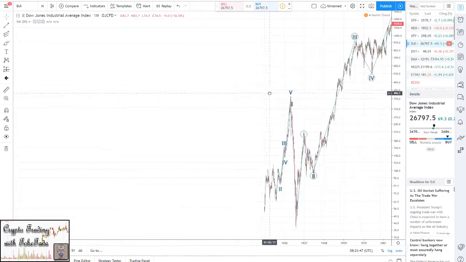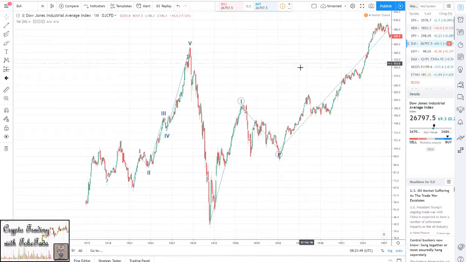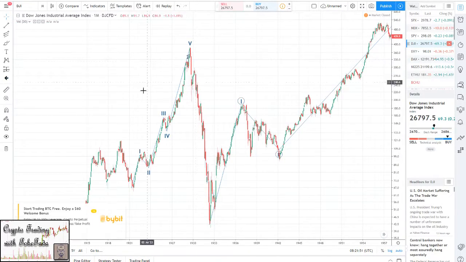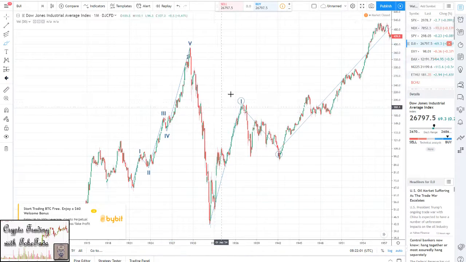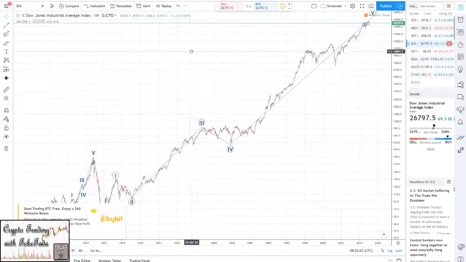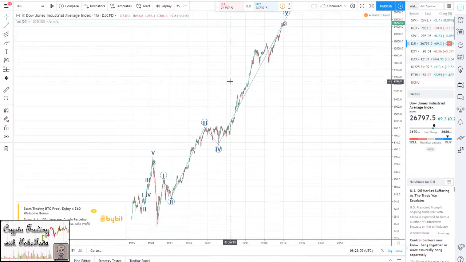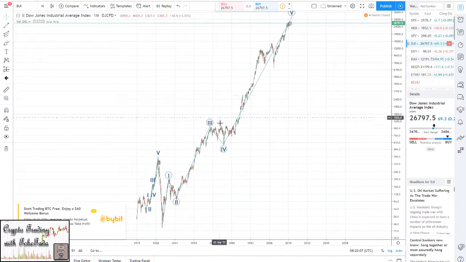And we actually see that quite similarly prior to the stock market crash. We see a 1, 2, 3, 4, 5, in which the fifth wave here is also extended. And for the current cycle, it's even more extreme here. You can see clearly here the fifth wave is extended.